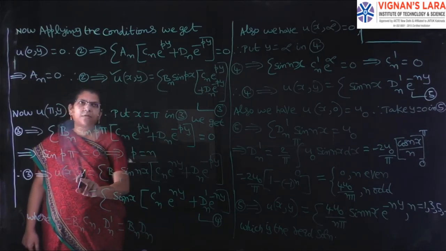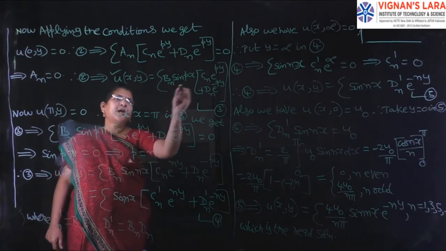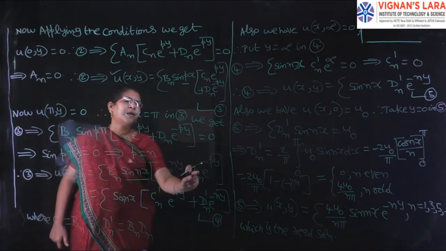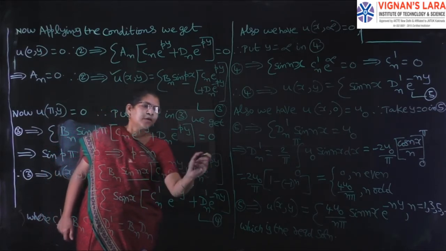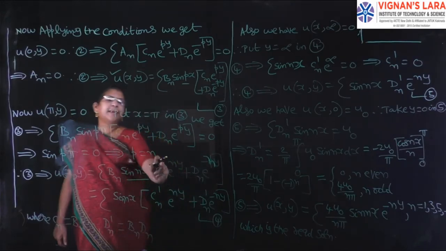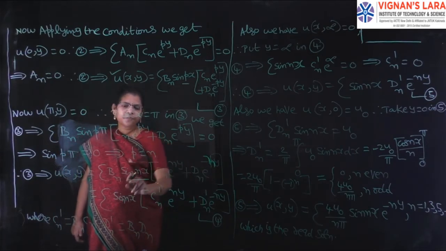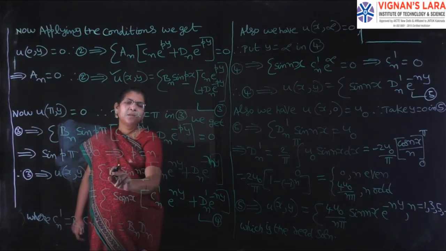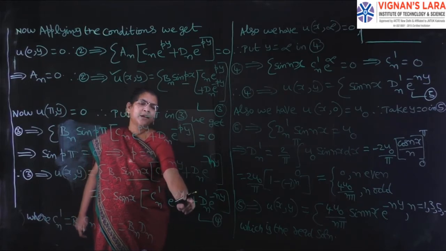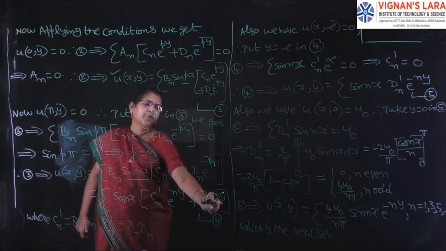Therefore 3 implies u of x comma y equal to summation bn into sin nx into Cn e power ny plus Dn e power minus ny, which is equal to sin nx into bn Cn, denoted by Cn dash, into e power ny plus bn Dn, denoted by Dn dash, into e power minus ny.